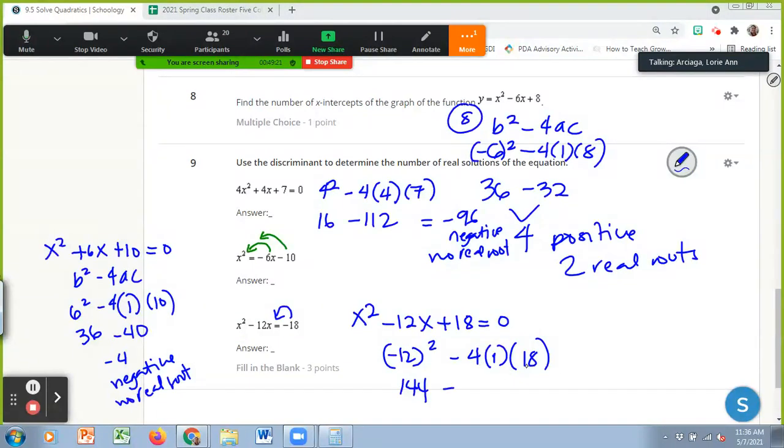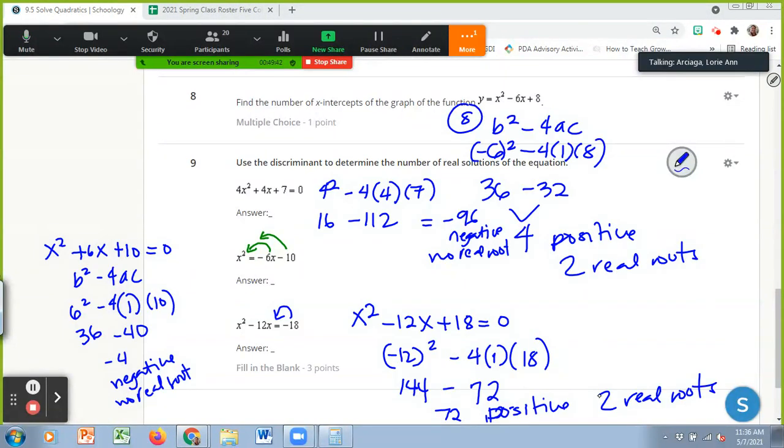What's 18 times 4? 8 times 4 is 32, 72. So this is 72, which is positive. That's why I put the wrong answer. I put one real root, but it has to be two real roots.